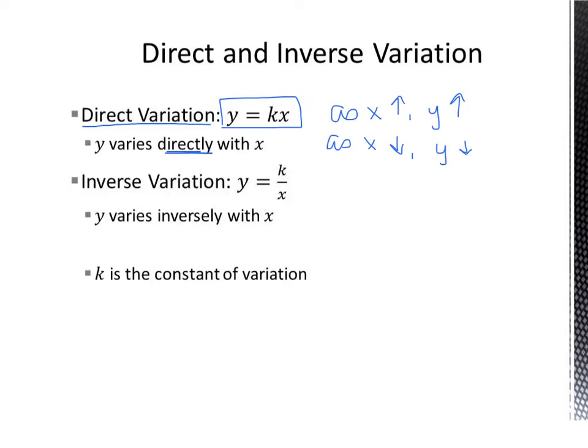Versus an inverse variation, which is y equals k over x. Y varies inversely with x, so as one goes up, the other goes down. We would say as x increases, y decreases, or as x decreases, y increases.